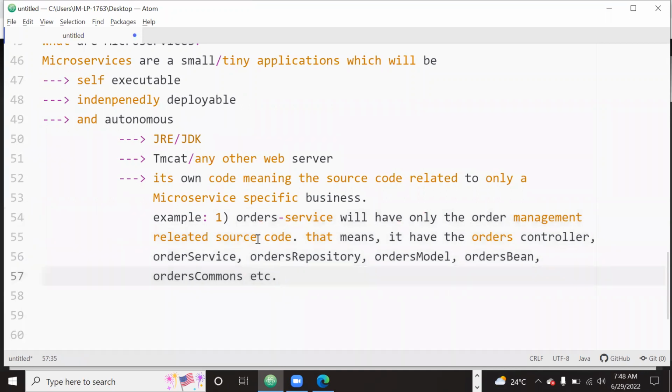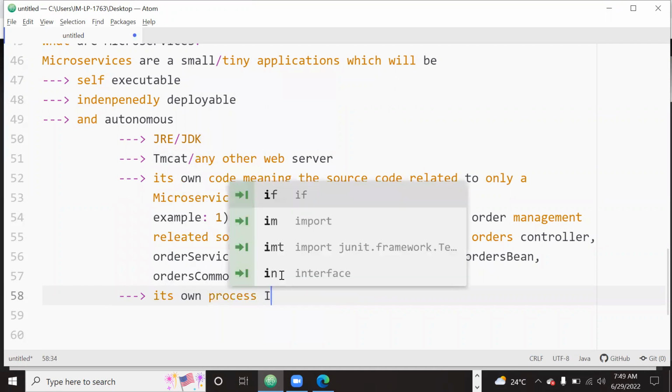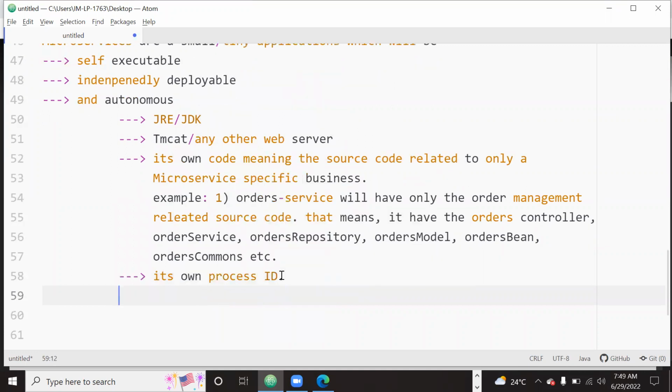There is no other entity or other business component reference in this order service. So it has its own code, its own JDK, JRE, its own Tomcat or other web server, and its own process, because when we start it, it has its own Tomcat. So its own process ID, right?